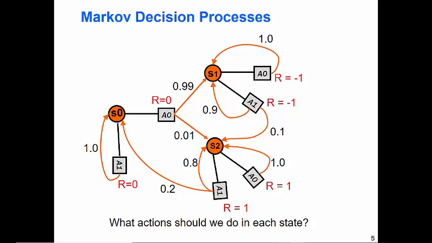And so even though you're going to have to put up with this negative reward, you're probably going to end up in S1, and then what are we going to do? We're going to take A1, right? And then after we take A1 enough times, we'll end up here. 1 out of 10 times we'll end up there, and then we're happy, right? And so if you're going to live long enough, you might as well pay this little price.